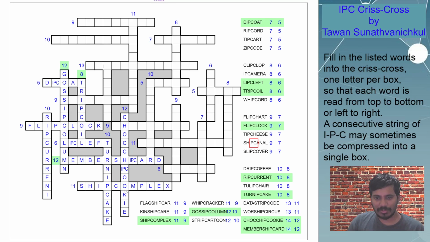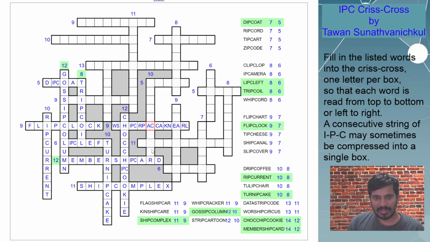So let's go ahead. Here, if it's whip cracker, it has to be compressed, right? And if it is ship canal, then we don't need to compress it.